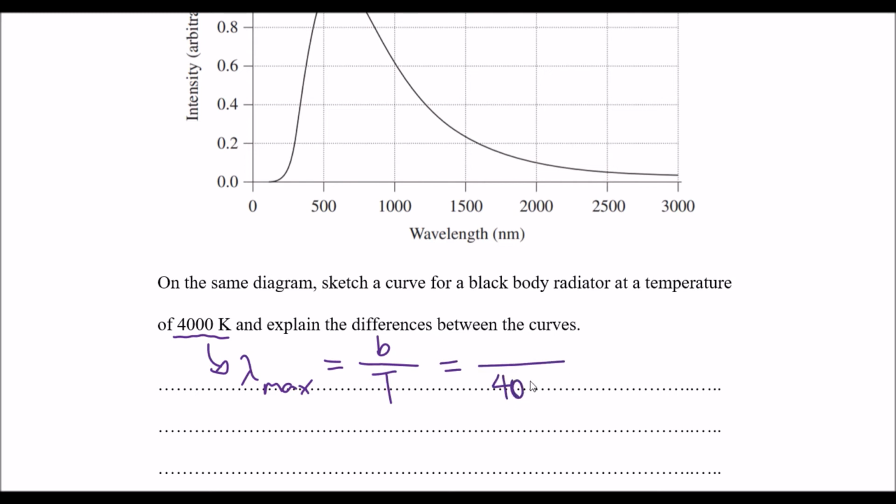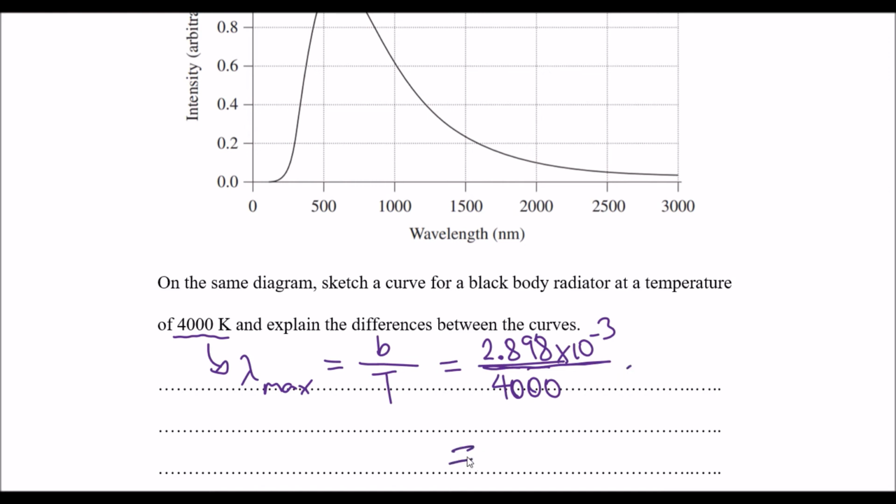So Wien's constant is 2.898 times 10 to the power minus 3. Okay, so plug it into our calculator.